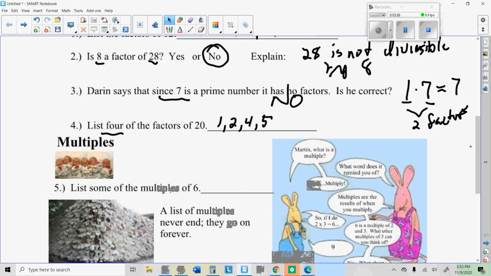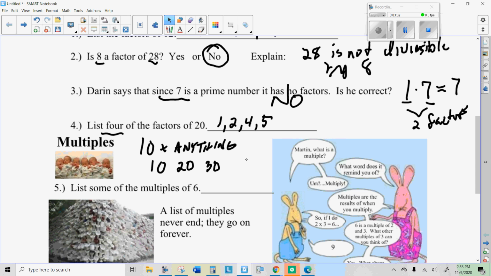Okay, now multiples are a little bit different. A multiple is if you take any number like, let's say 10, and multiply 10 by anything, any whole number, you will get a multiple of 10. So 10 times 1 is 10, 10 times 2 is 20, 10 times 3 is 30, 10 times 100 is 1,000, 10 times 90 is 900.